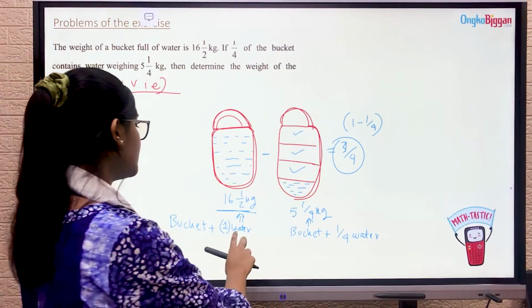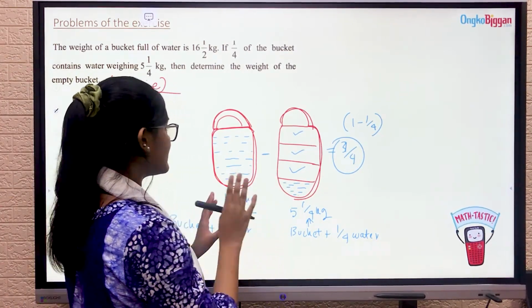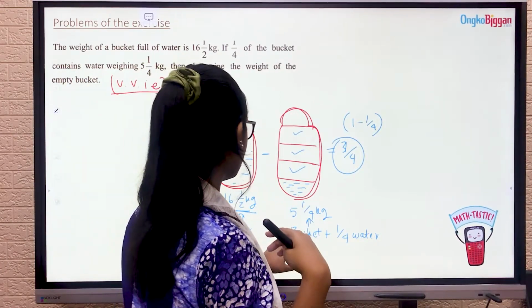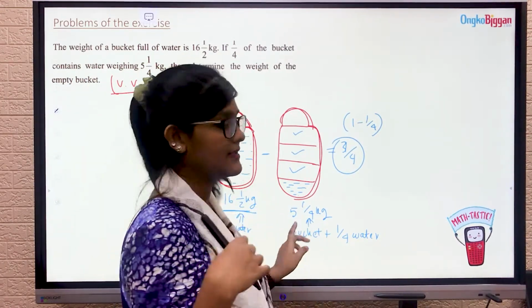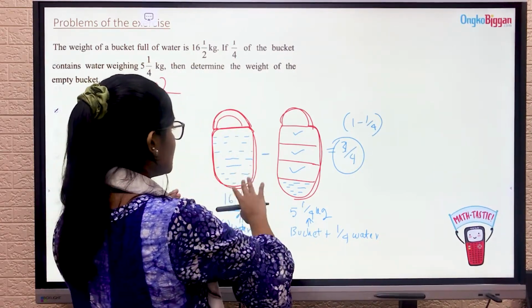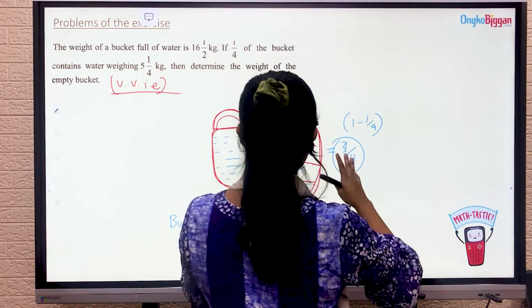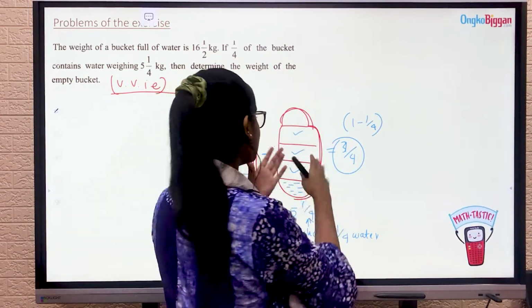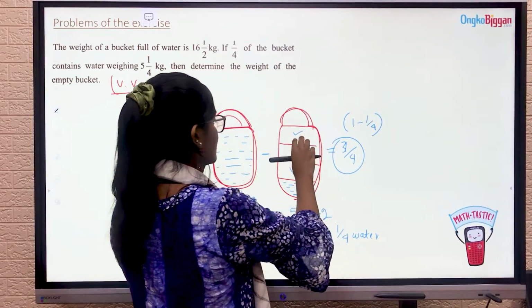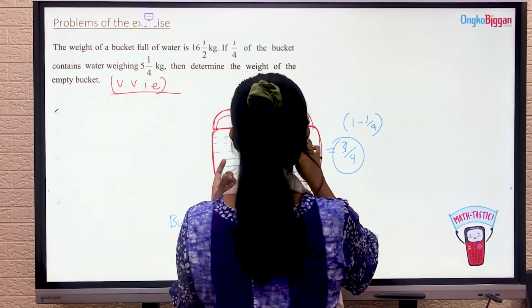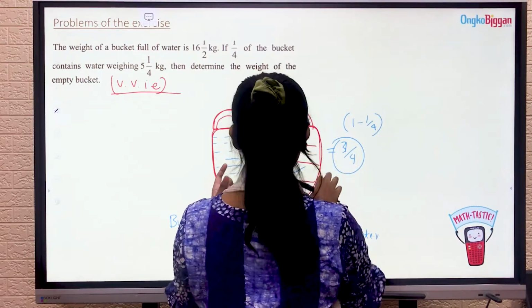If we subtract this from this, the portion of water is deducted, and the weight of the bucket is also deducted, because it has a certain weight. We are deducting the whole weight of the bucket plus this amount of water. So we will just get the amount of water contained in this 3/4th portion.